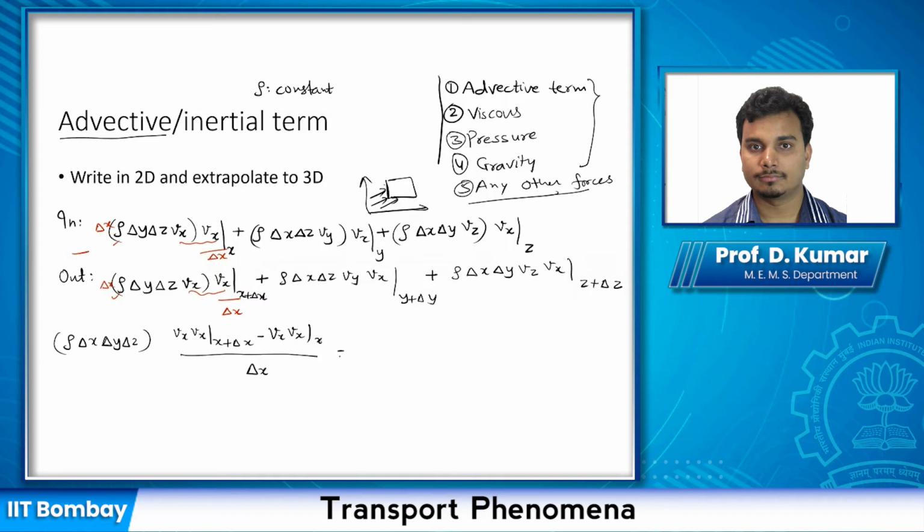So what you will have is rho delta x delta y delta z times the partial derivative of vx with respect to x.